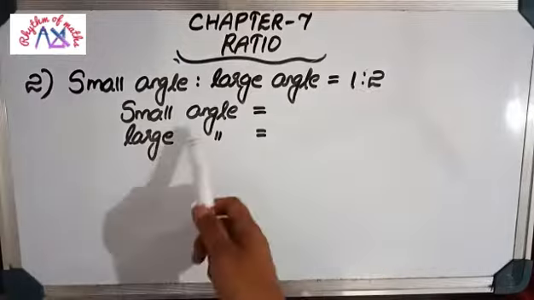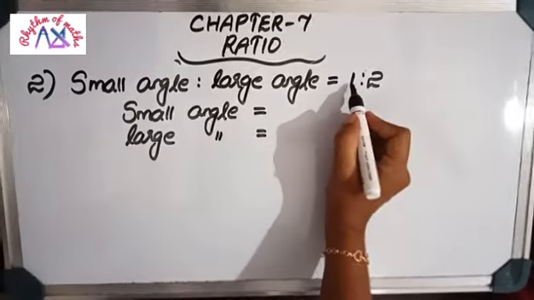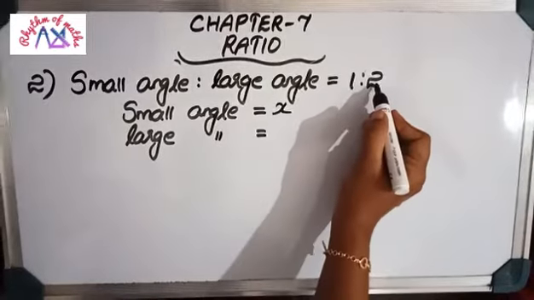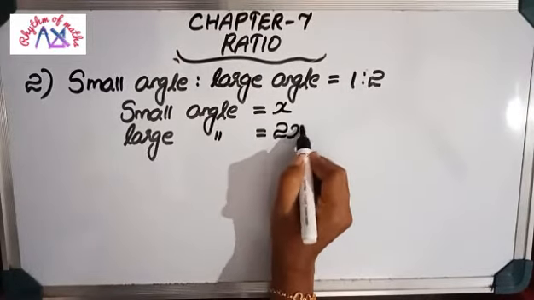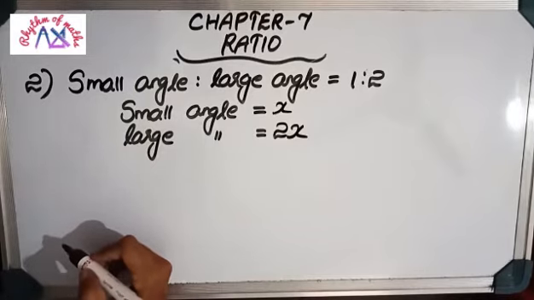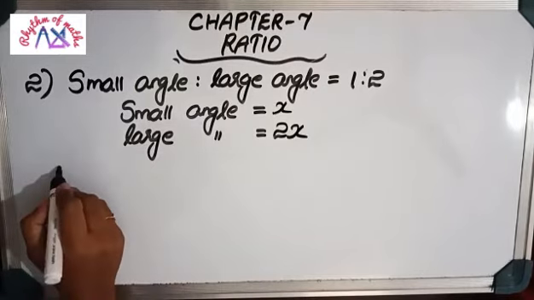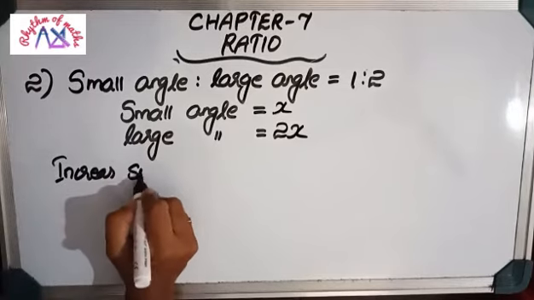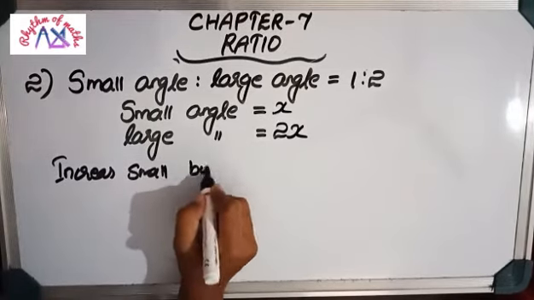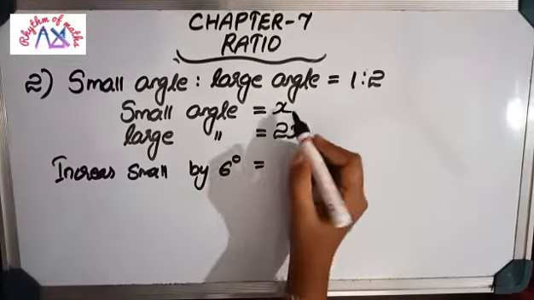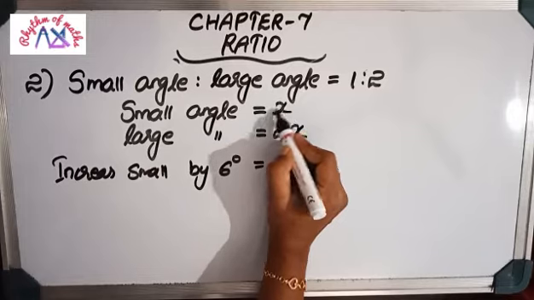Now from this, the small angle is 1 into x, that is x itself. Now the large angle is 2x, 2 into x. Now in this question it is given that increasing the small angle by 6 degree. We are adding 6 degree to the small angle. Then what will be the angle? Already x is the original angle.